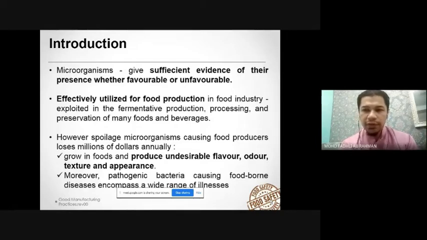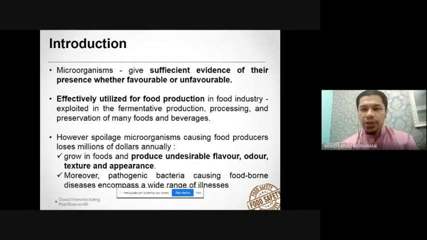So that's why in food microbiology we learn about the role of microorganisms, whether the effect is desirable or undesirable. In terms of unfavorable aspects, there are spoilage microorganisms that cause food producers to lose millions of dollars annually.